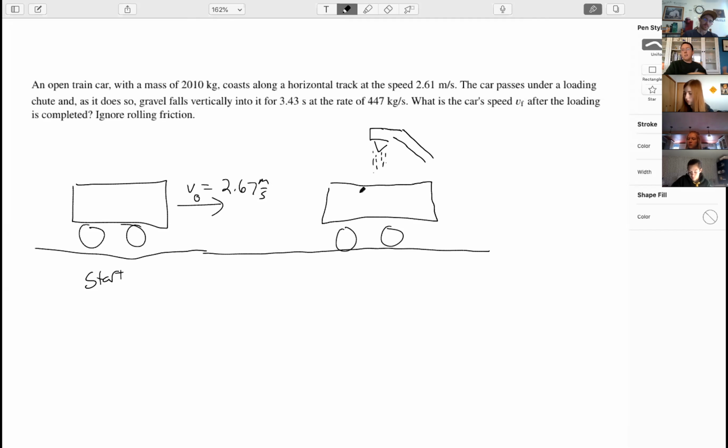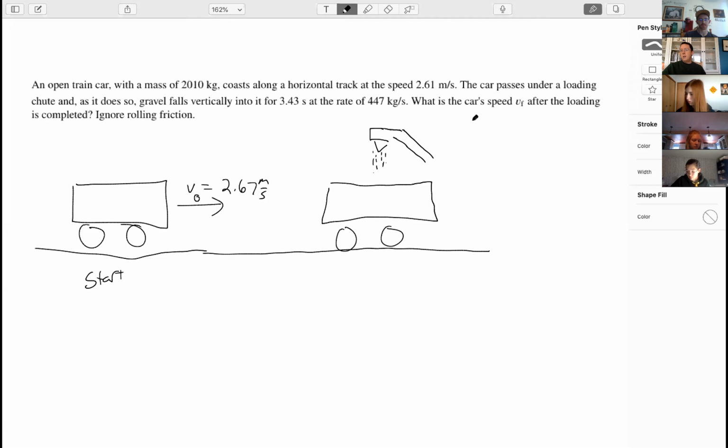So it's going to have some mass at the start. Stuff is going to fall into it. So there's going to be a new mass after the fact. And we are told, they don't just tell me how much grain falls in. I know though that they tell me that it falls at a rate of 447 kilograms per second over 3.43 seconds.